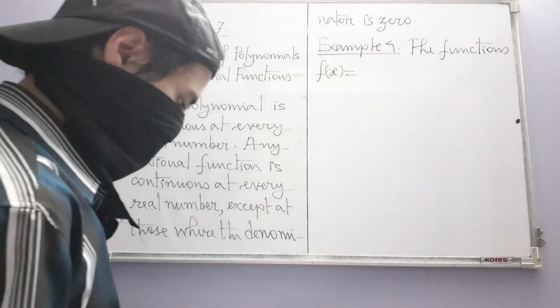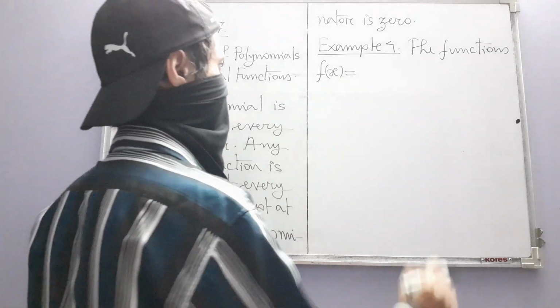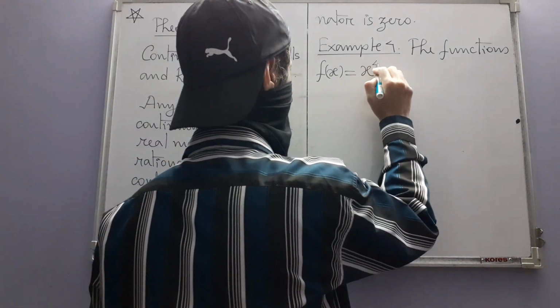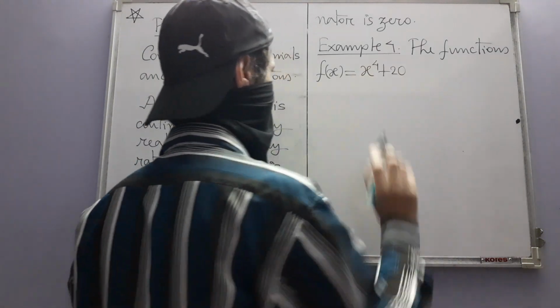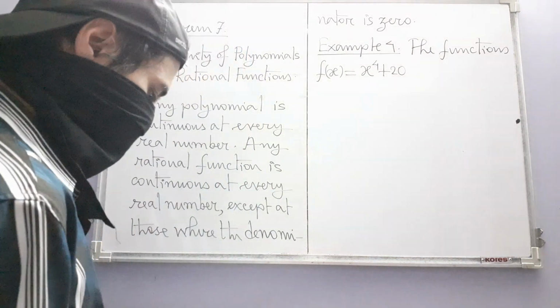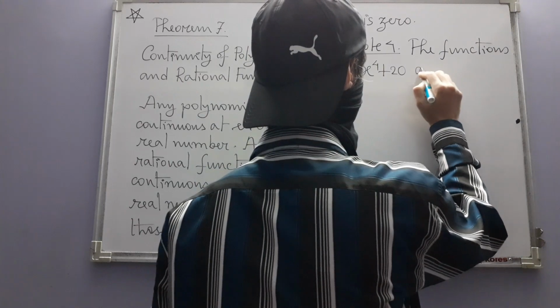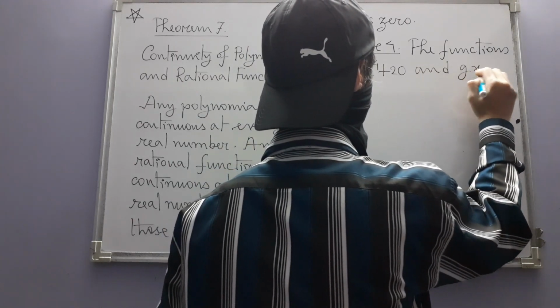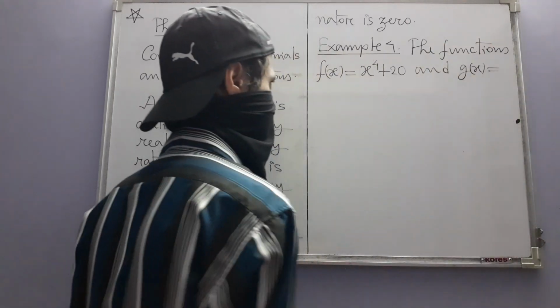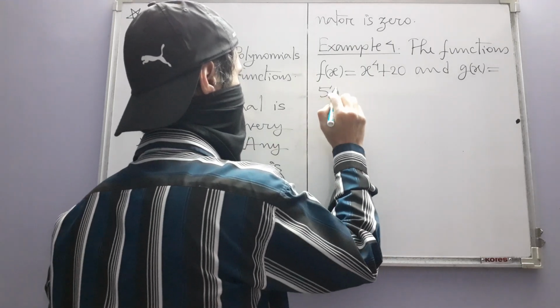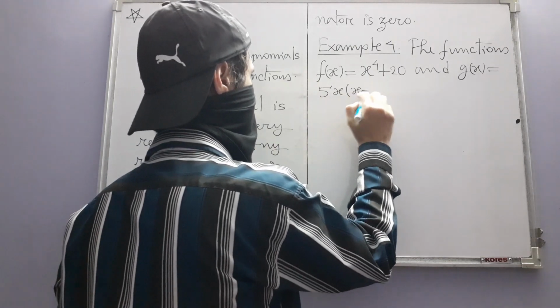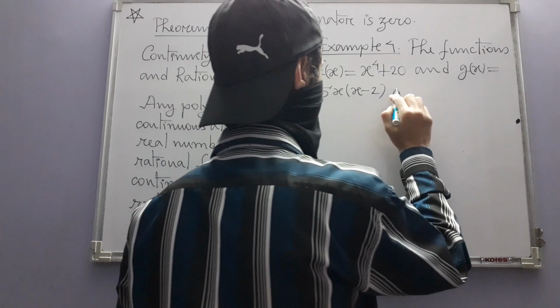One is this degree 4 polynomial, and the other one is this quadratic polynomial, 5x times (x minus 2).